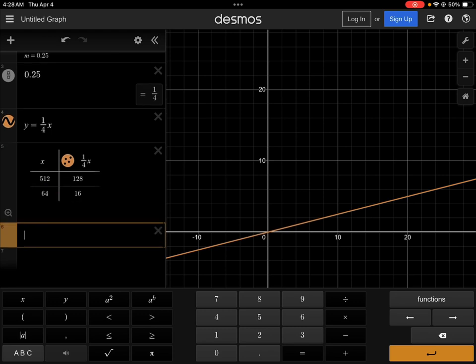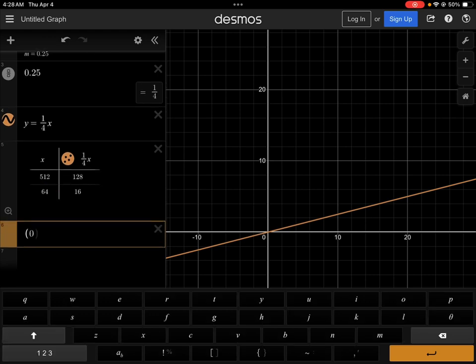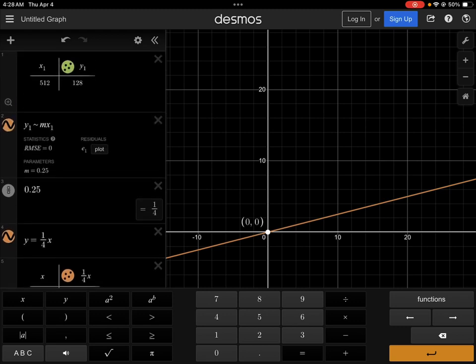If you want to see it, I'll type it here. 0, comma, 0. You see that 0, 0 point? That is included because I gave it y equals mx, so it's like I gave it another point.